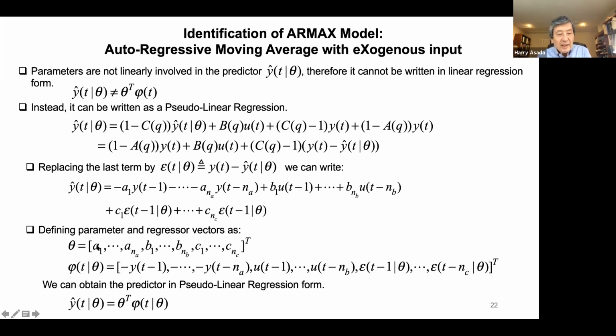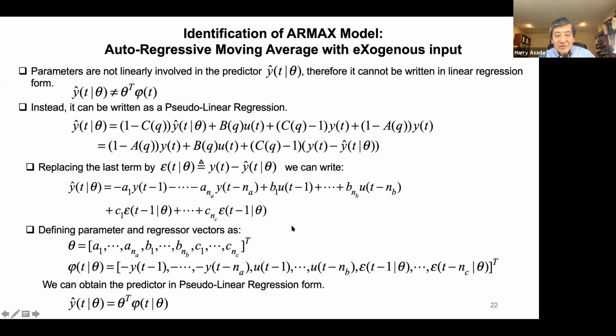Okay, so we put together all the parameters to estimate A's, B's, and C's. These are the set of parameters. And this regressor part is not just the pure regressor phi t, but phi t slash theta. Picking up the paired terms, we pick up minus y t minus 1 to minus y t minus na as before, and then u t minus 1 to u t minus nb as before.